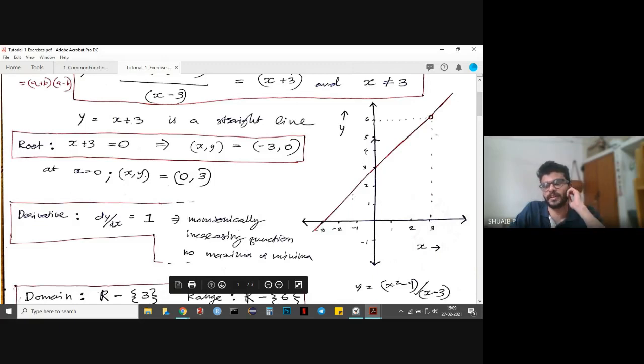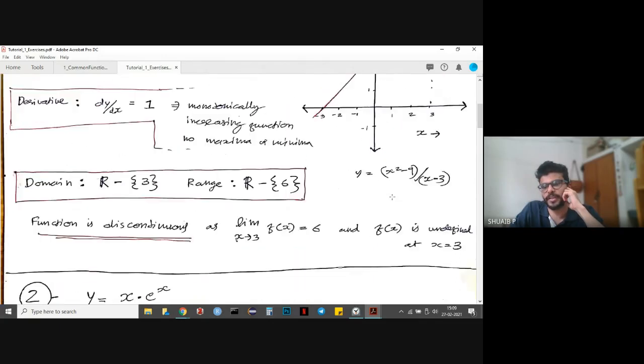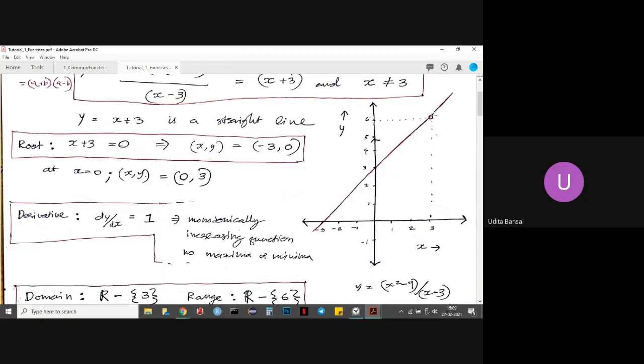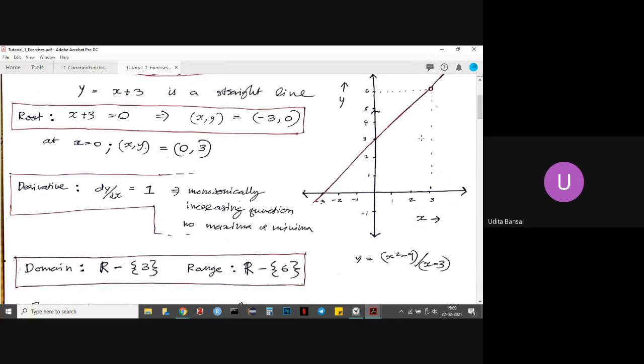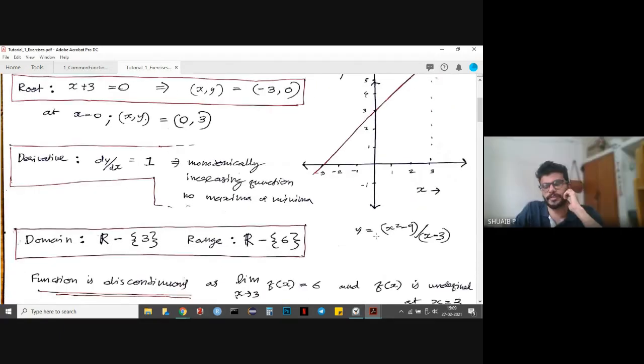But if this function were some other weird looking function, we could have taken the derivative of the numerator and denominator and applied the limit. So essentially what we'll get will be 6. So the numerator and denominator derivatives are taken separately? Yeah.